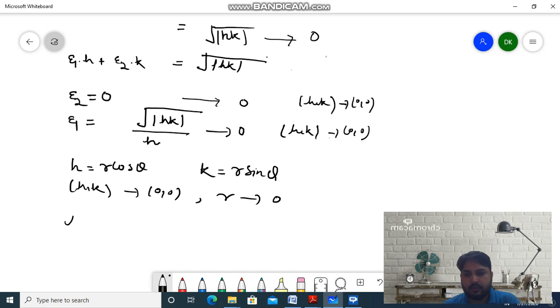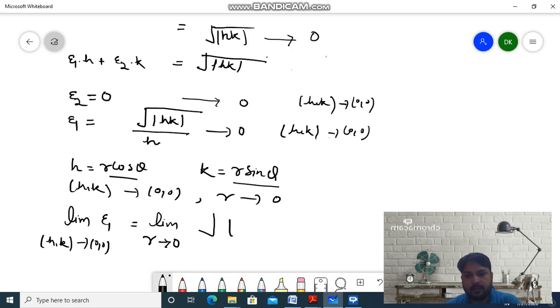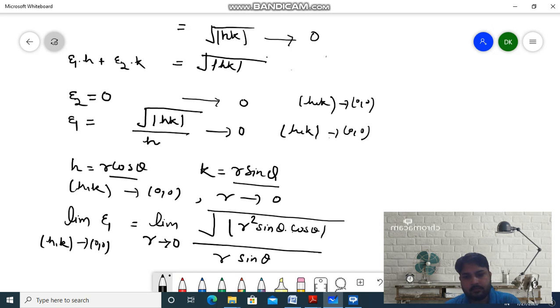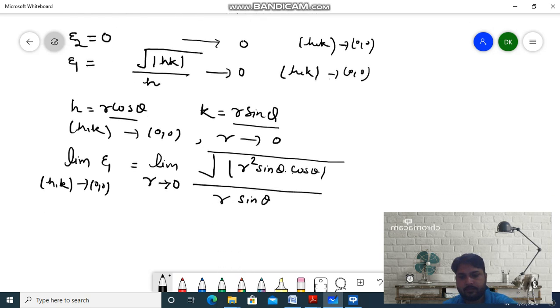So the limit of the function at (h, k) tends to (0, 0), because epsilon 1 is a function of h comma k, we will use r tends to 0, and in place of h and k we will use these two factors. So here it gives us square root of mod r square sin theta into cos theta whole upon r cos theta.